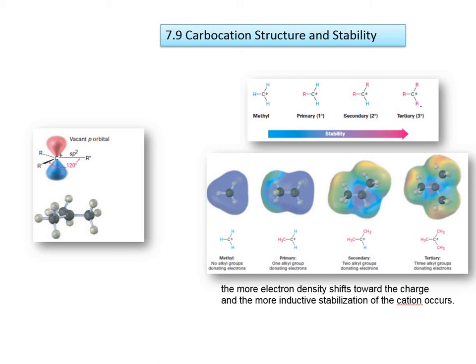That's the reason why a tertiary carbocation is more stable than secondary, which is more stable than primary, and this effect is called the inductive effect. So methyl groups or carbons around a positively charged carbon release electrons towards the positive charge. This is called inductive effect or inductive stabilization.